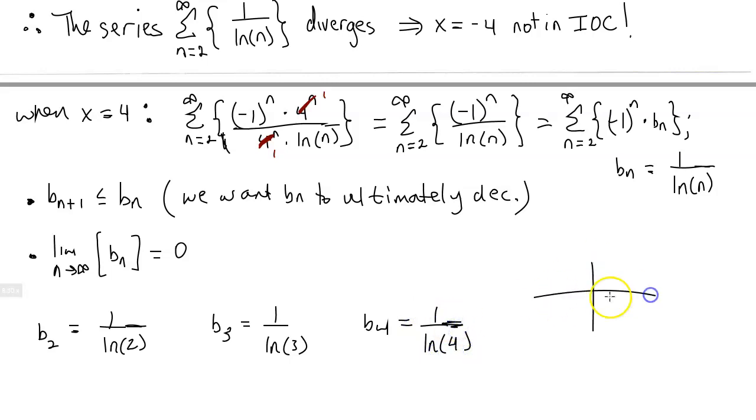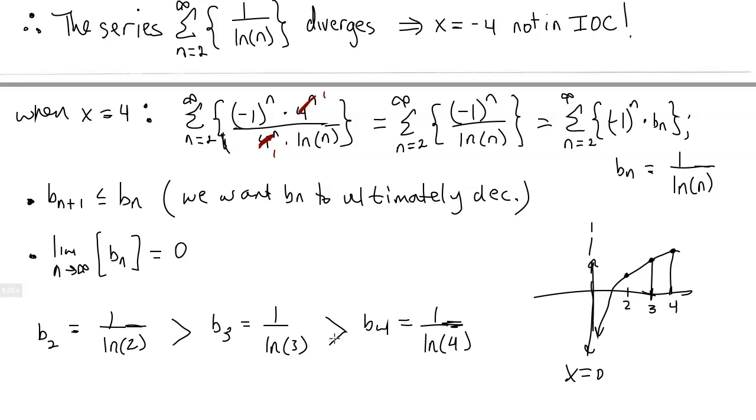Now, of course, knowing that the graph of natural log looks something like this, where we have an asymptote at x equals 0, natural log of 2 is going to be smaller than natural log of 3, and natural log of 3 is going to be smaller than natural log of 4. So in turn, 1 divided by natural log of 2 is going to be a number larger than 1 divided by natural log of 3, which is going to be a number larger than 1 divided by natural log of 4.